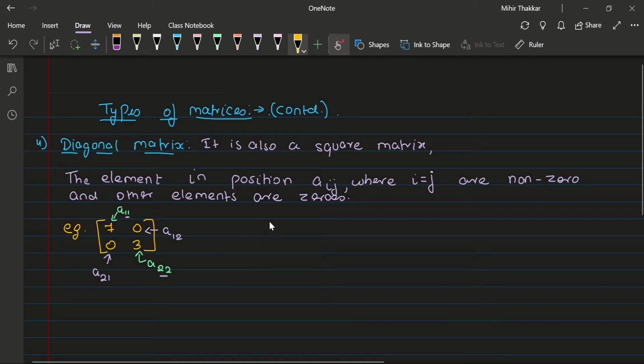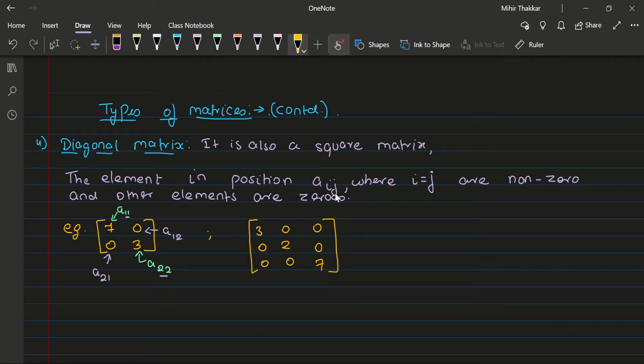Let us take one more example, guys. I have written the numbers. If you observe carefully, this is your position A11.